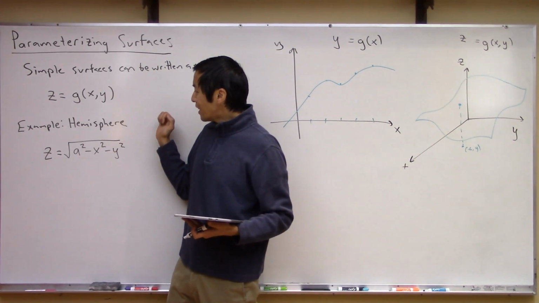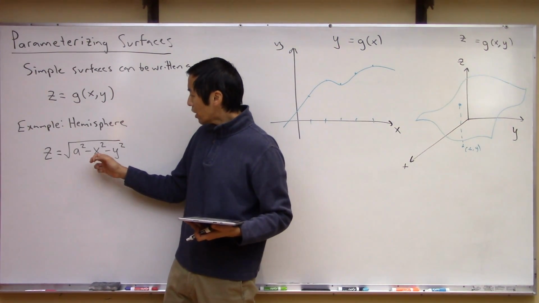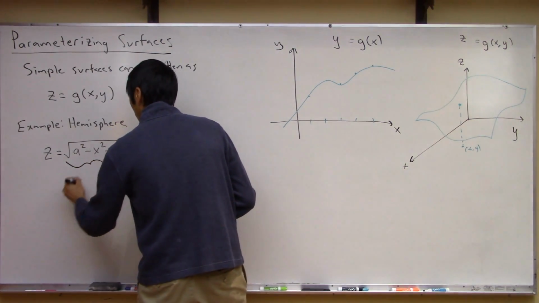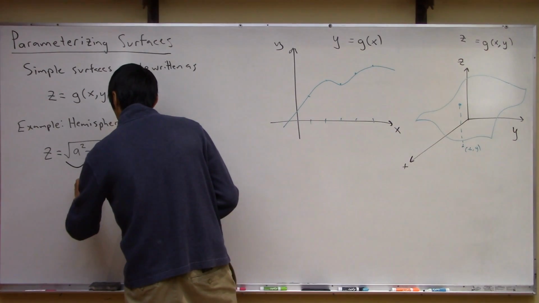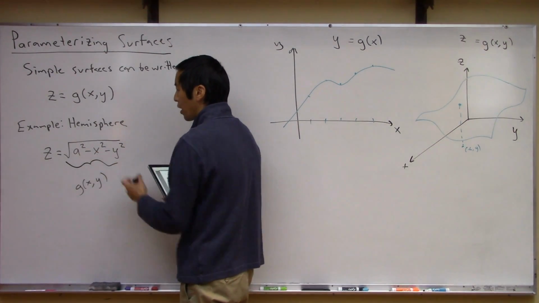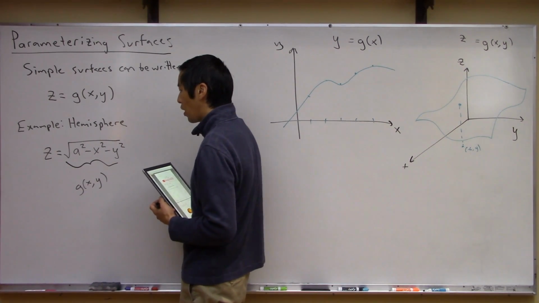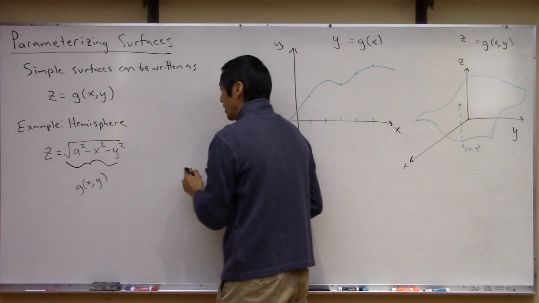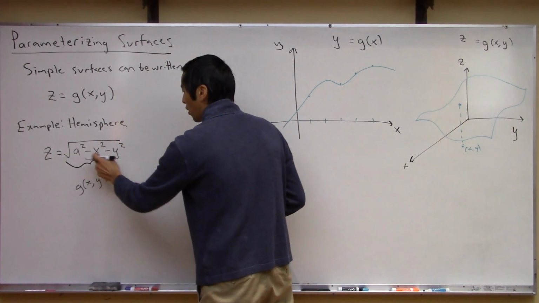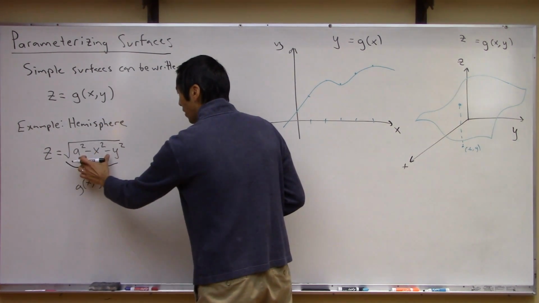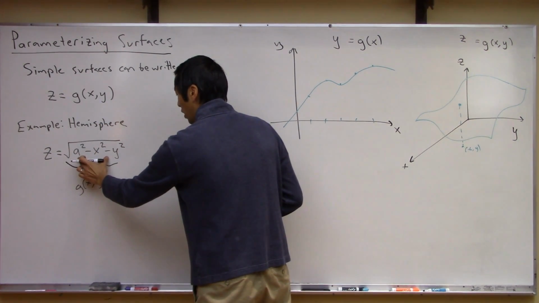So to take an example about this, let's look at this one right here. Here you can see we've cooked up this function g, right? So here's your g of xy, right? And you can see that for a lot of different values of x and y, particularly if x and y are contained within a circle of radius a, this is basically going to be a real number, right?